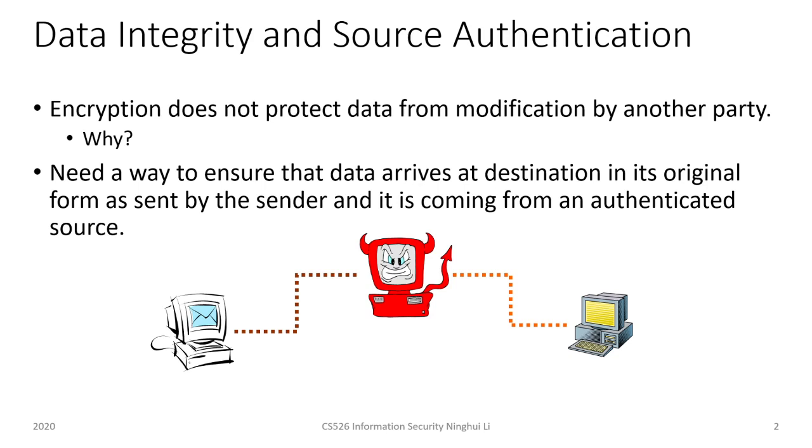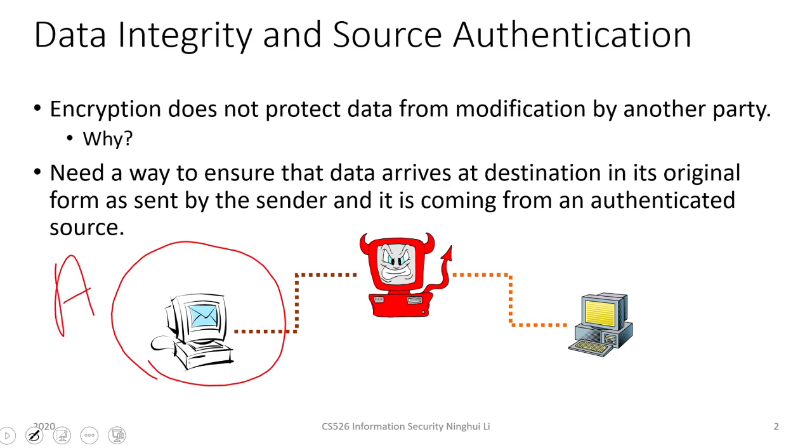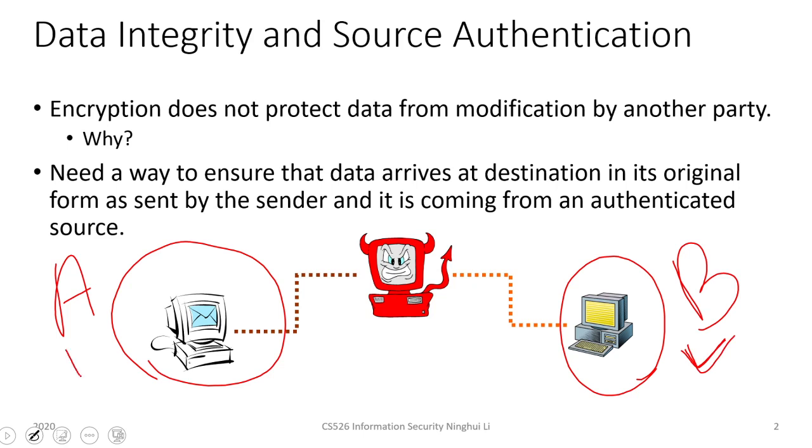Say, in a communication channel, we have someone, say Alice, sending some communication to Bob. One of the things that we want to ensure is that when Bob receives this message, it is the same as what was sent by Alice.